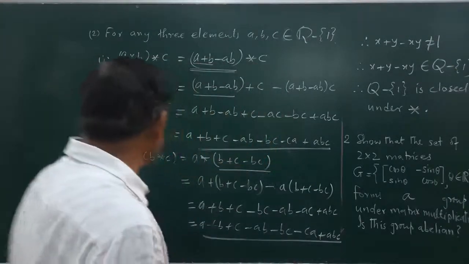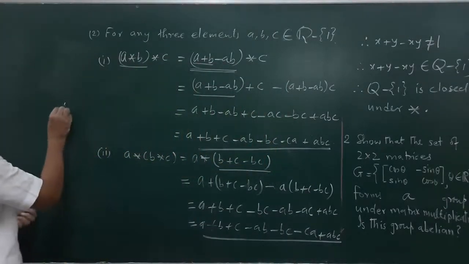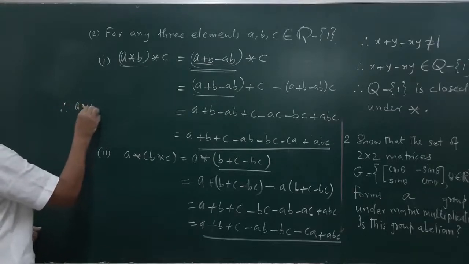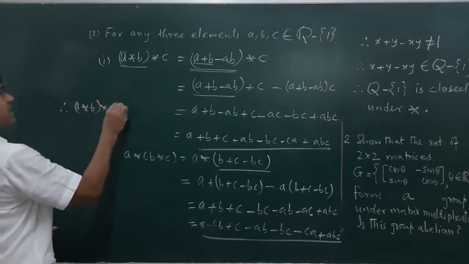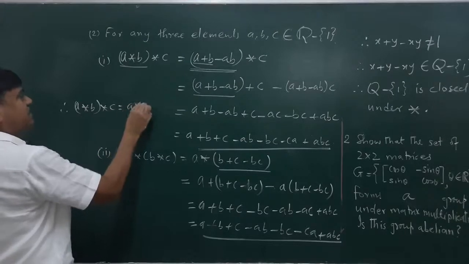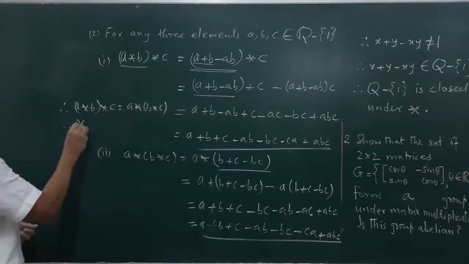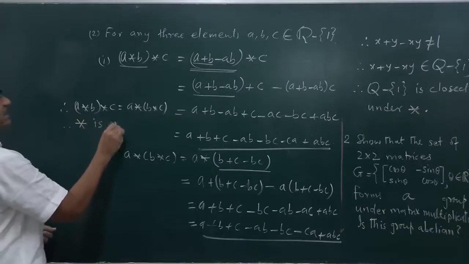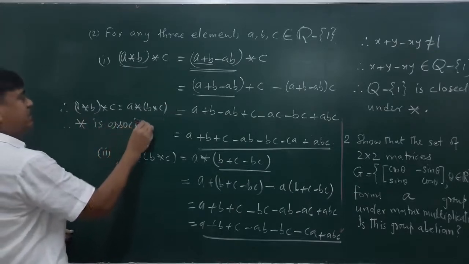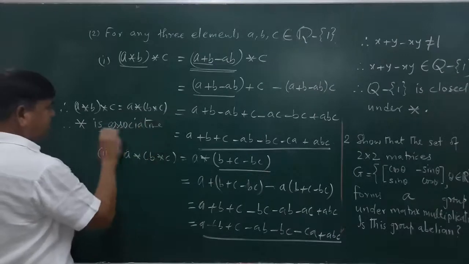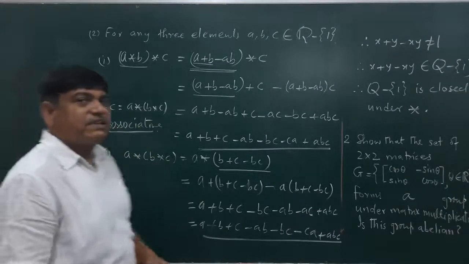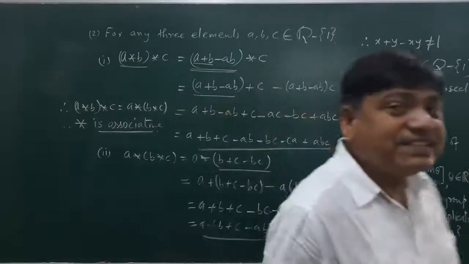That means, therefore, A asterisk B equals to, therefore, this is associative. The binary composition is associative.